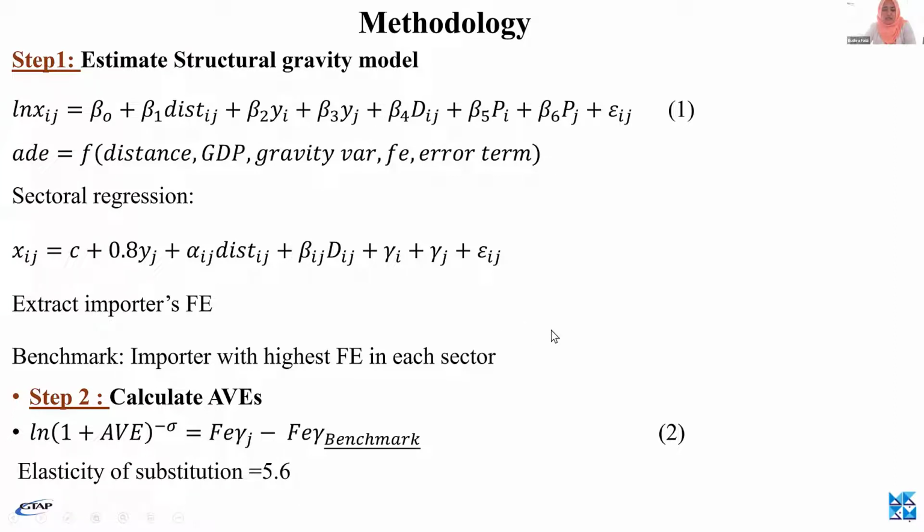So we proceed to the next step, where we calculate, using equation 2, the AVEs for each country in each sector. In each sector, we compare the rest of the countries with the benchmark of the sector in discussion. Here we use the elasticity of substitution equal to 5.6, following the literature. I'll talk more about it when we move to the results section.